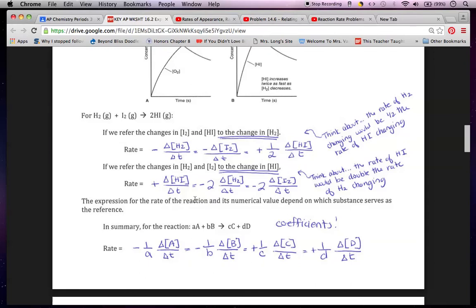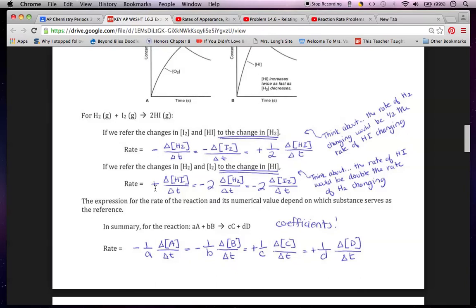If we then change it around and set our initial expression in terms of HI, in order to get those values equal to each other, we would have to take that change in H2 over change in time and double it in order to make it equal to this one.